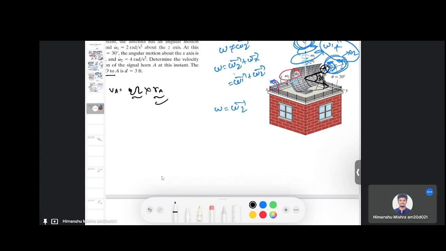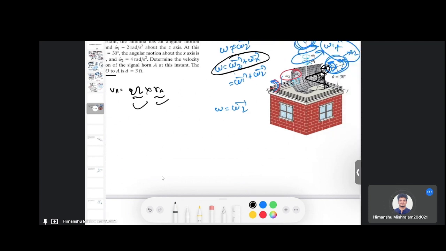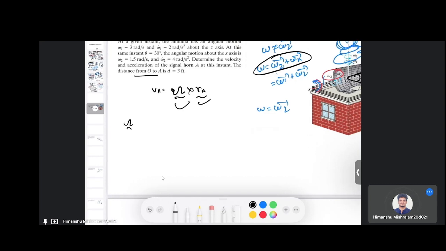So you need position vector and you need angular velocity. So what is the resultant angular velocity of the antenna? It is given by this quantity. So resultant angular velocity is omega 1 plus omega 2.